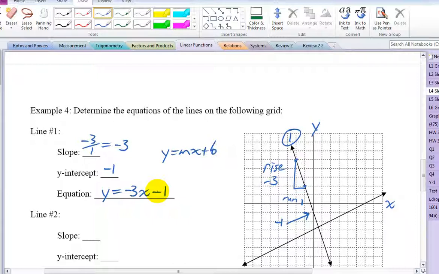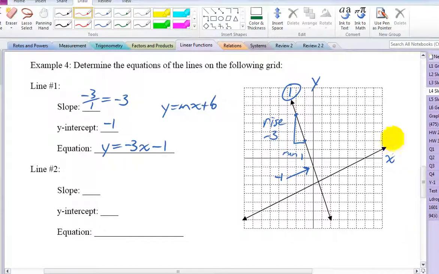How was that? Hard? Not really. Okay, do number 2 now. This is line 2 over here. Okay, go for it.